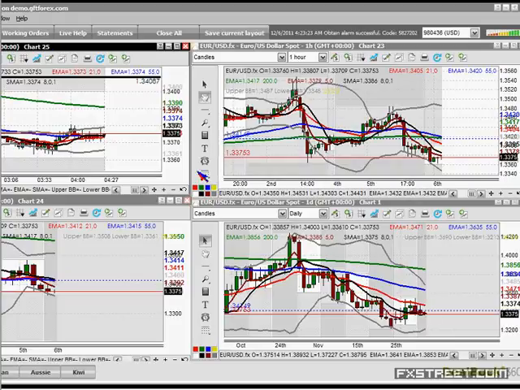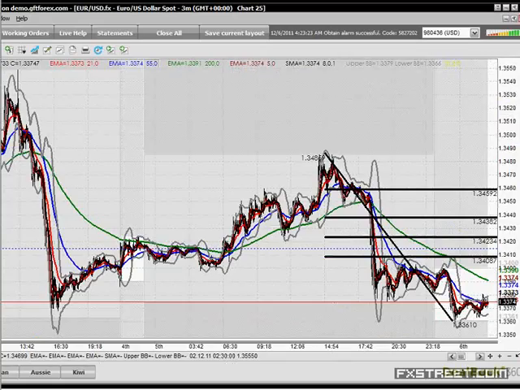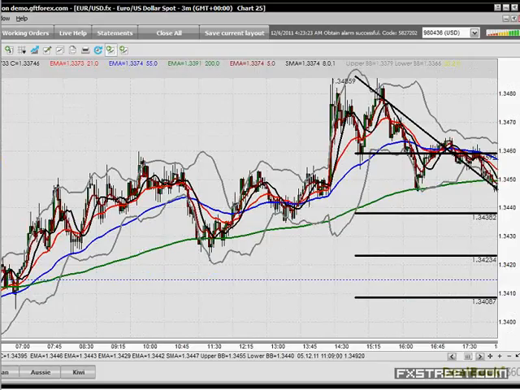Okay? For example, today, as we were taking a look at in my class, if you were looking to enter on a 3-minute chart today, this, by the way, let me just clean this up.